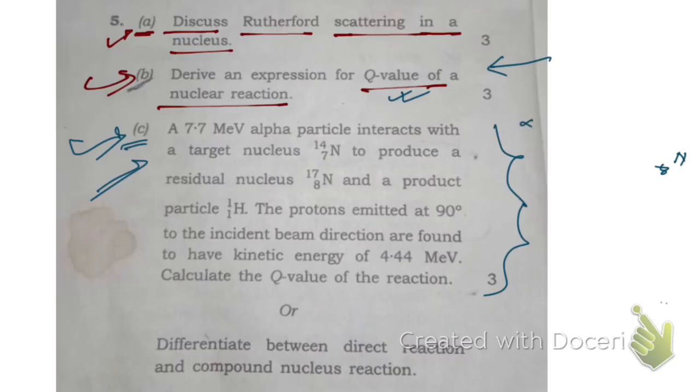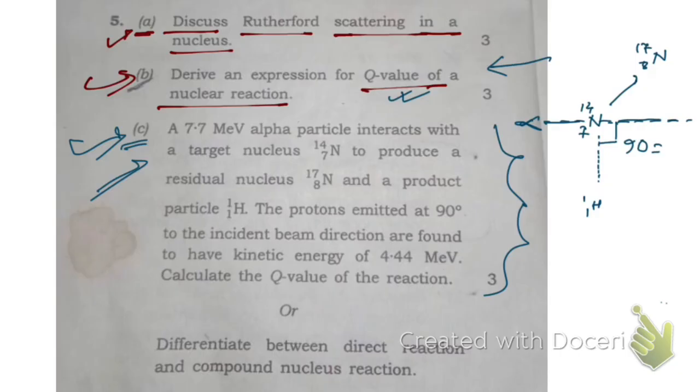This alpha particle targets this N14 nucleus, and a nucleus O17 is produced, and a particle H1 is scattered, and this makes an angle of 90 degrees with the direction of the alpha beam. So here our theta is 90 degrees, right?